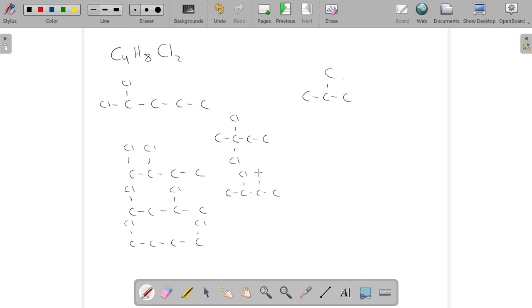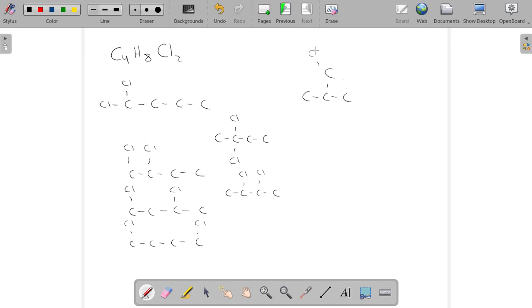Second location and the third location. Because if I try second and fourth, that's the same as the first and the third. If I do third and third, that's this. So this is all the ways I can do that straight chain with 2 different chlorines. Quite a bit, huh?